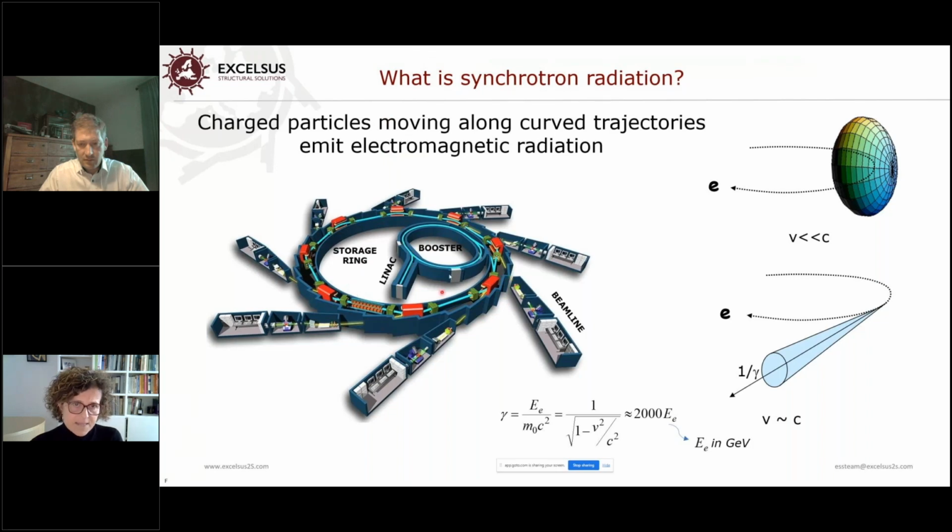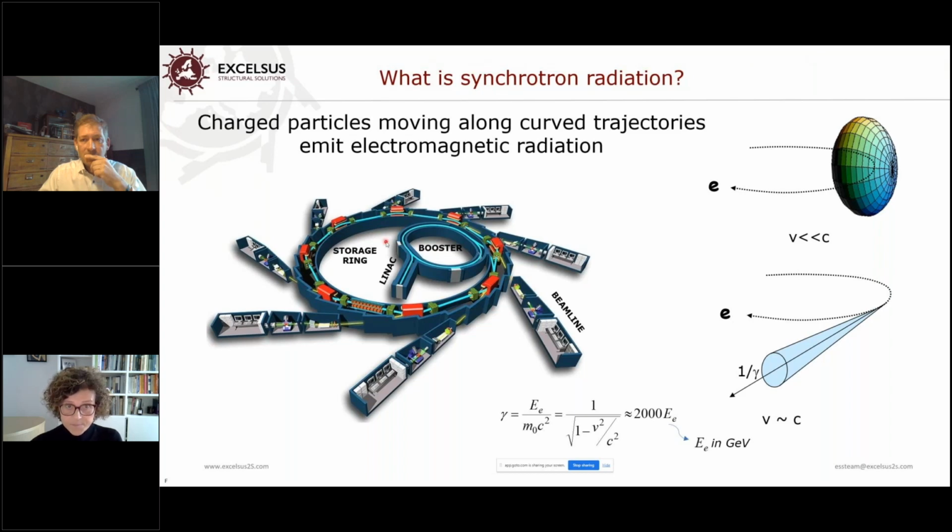These are particle accelerators that consist of a linear accelerator where electrons are thermally generated and accelerated into a sort of pre-storage ring, a booster, where the final energy of the electron beam is achieved. Then the electron beam is injected into the storage ring, and the orbit is finally optimized by a very complex array of magnets.